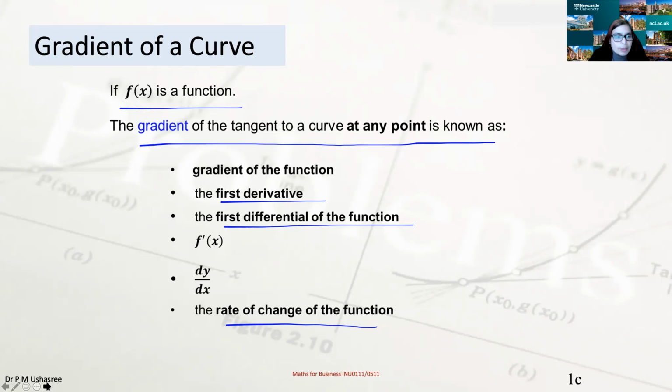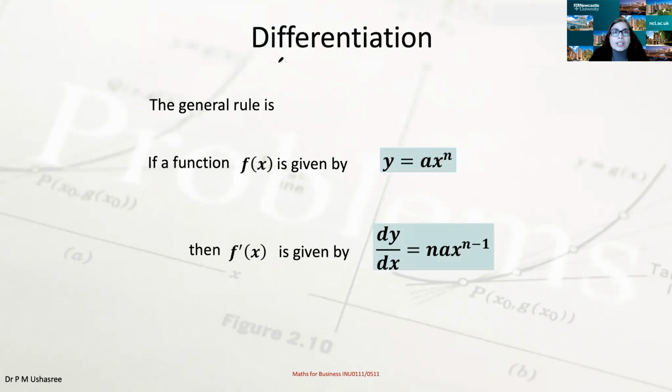Okay, now let me go to the next topic. So in general, if f of x is given by y is equal to a times x to the power of n, then f prime x is given by dy by dx is equal to n times a times x to the power of n minus 1. That is your formula.